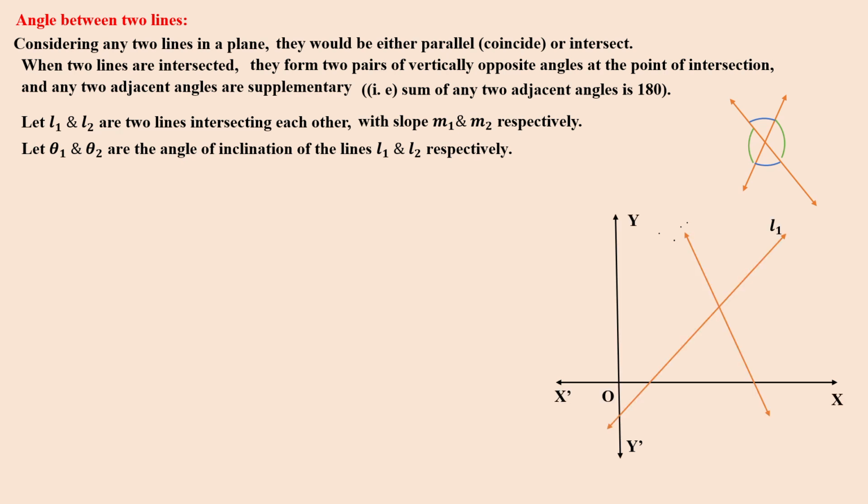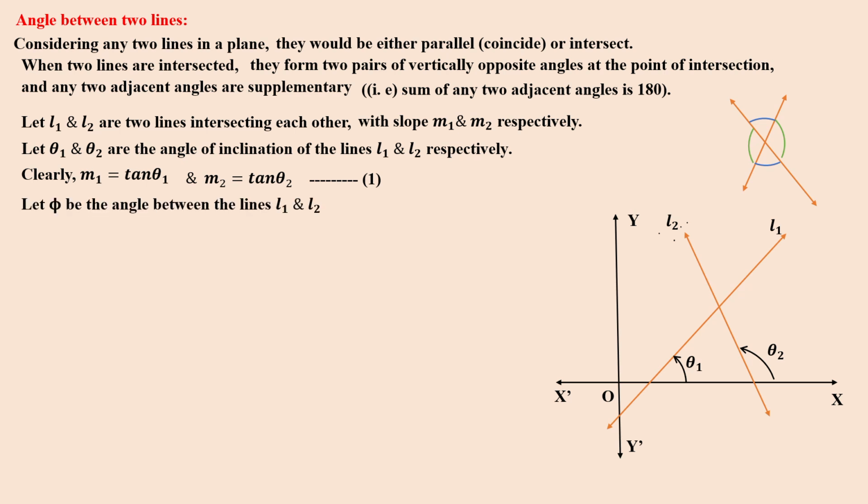First line L1 and line L2, they are intersecting, and L1 has angle of inclination theta 1, L2 inclination theta 2. We know the slope of the first line m1 is equal to tan theta 1 and m2 is equal to tan theta 2. That is equation number 1. Let phi be the angle between the lines L1 and L2. So this is the phi.